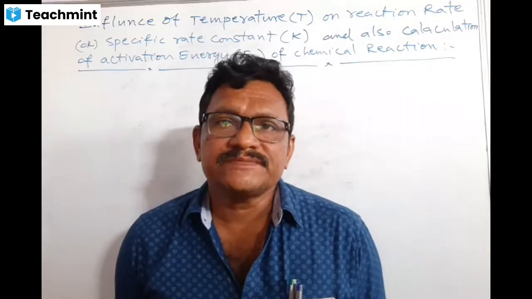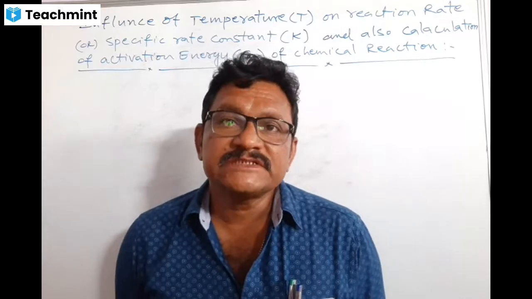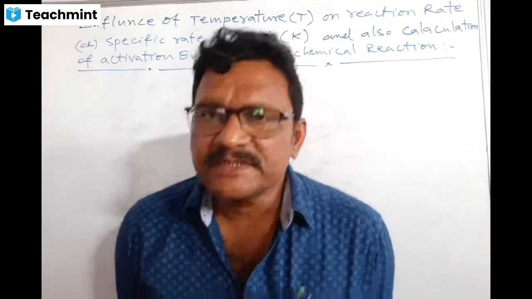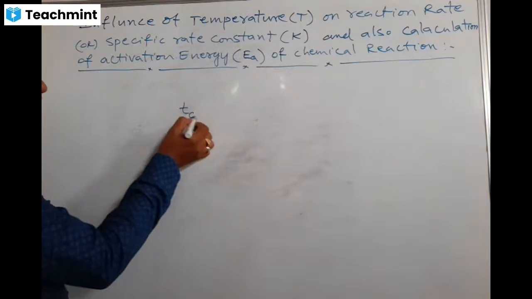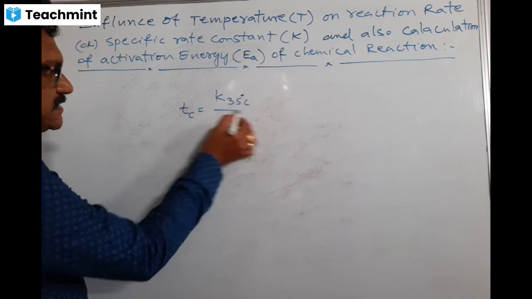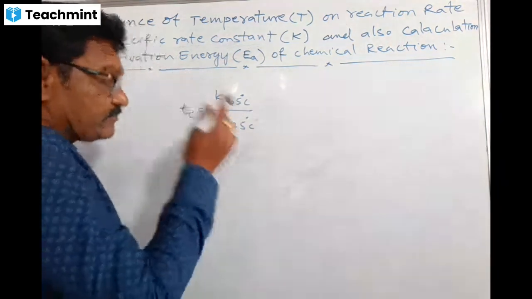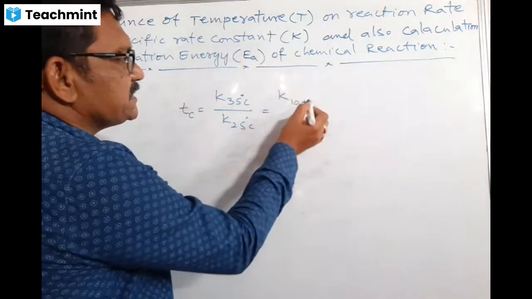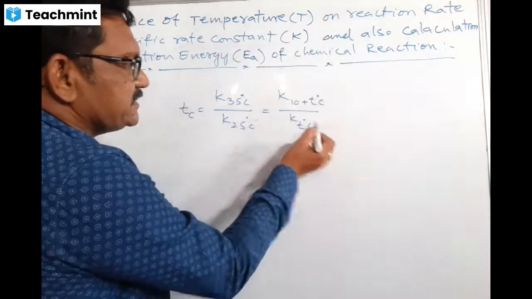It is the ratio of two rate constants of a particular reaction which differ by 10 degrees Celsius temperature. Simply, TC is equal to, for example, K at 35 degrees Celsius by K at 25 degrees Celsius. Generally, it is represented with K at (T plus 10) degrees Celsius by K at T degrees Celsius.